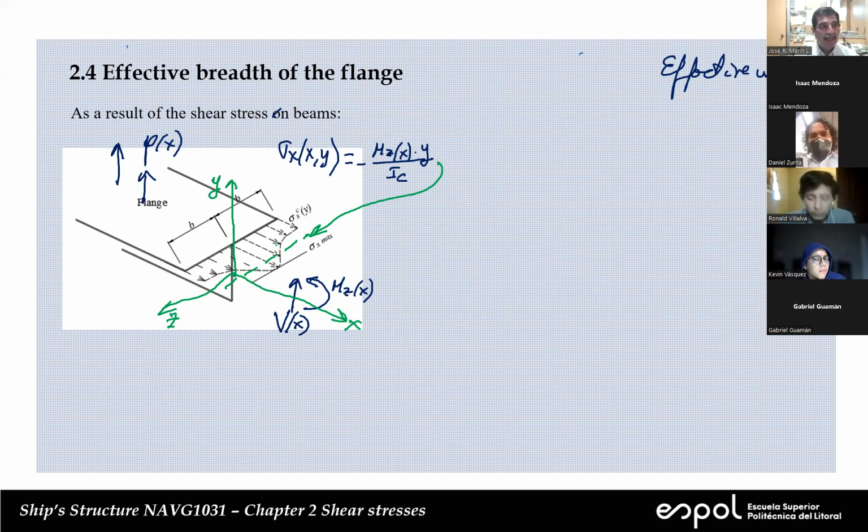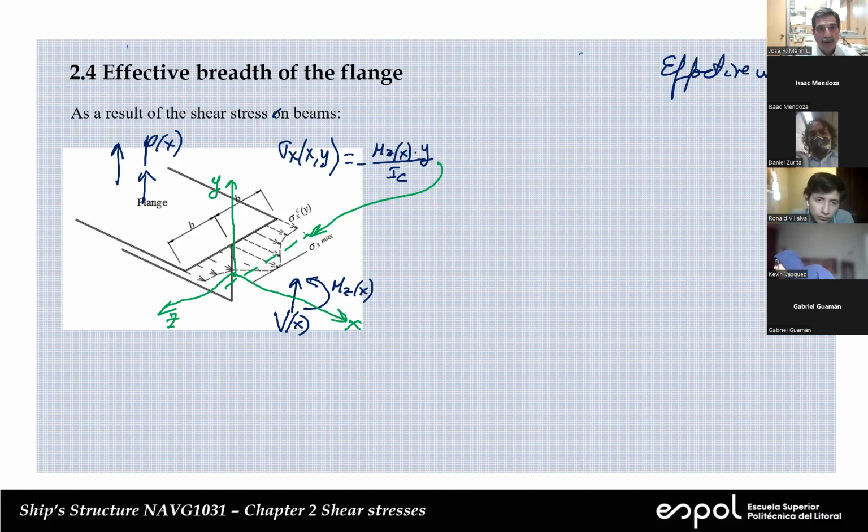So in this case, we want to calculate, of course, the sigma max. Why? Because sigma max is the largest value, and we are interested in knowing if this maximum stress is close to the allowable value. If this value reaches 235, in the case of steel, we're in trouble because there will be a permanent deformation of the beam.